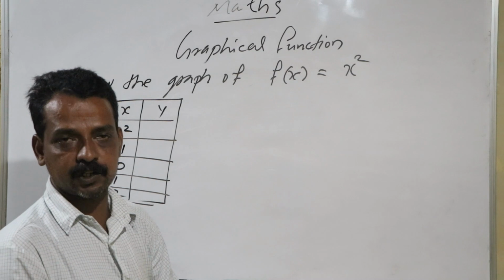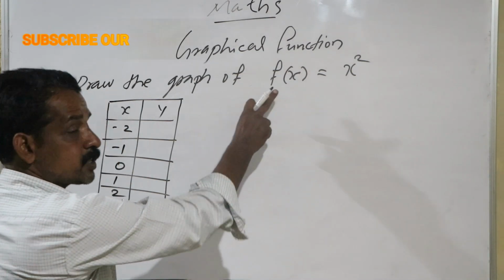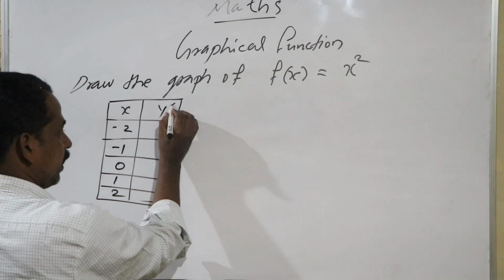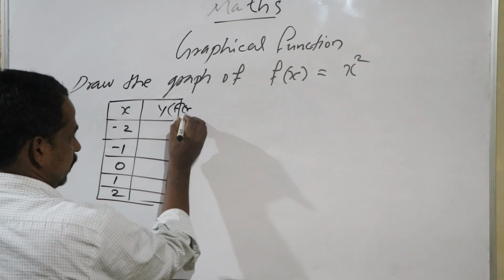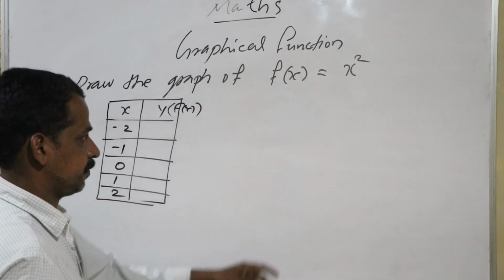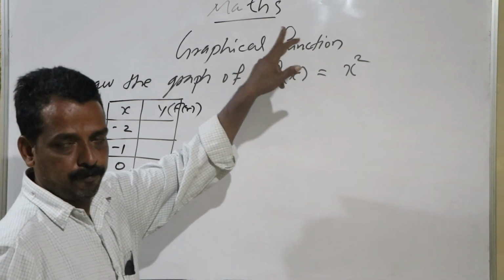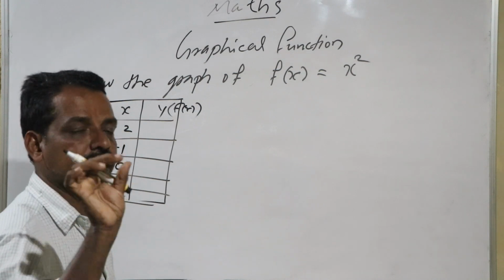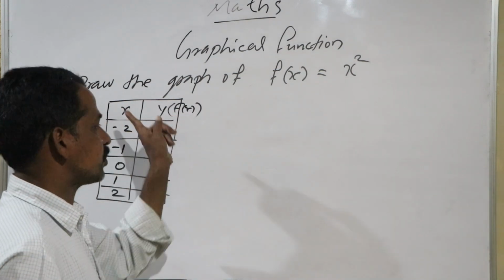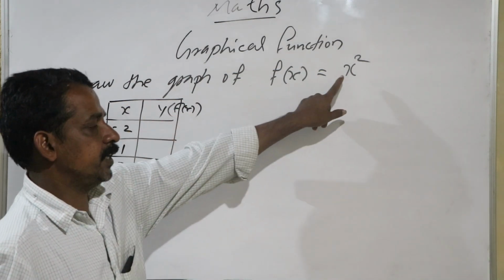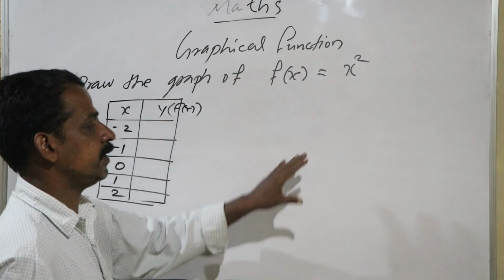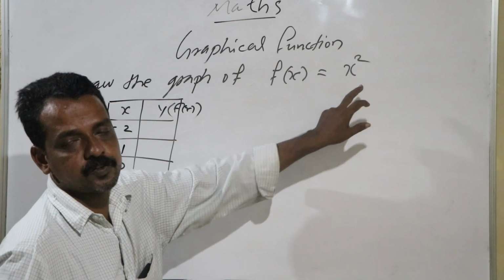F of x means y. To find out f of x, to find out y, we must give the values of x instead of this x.